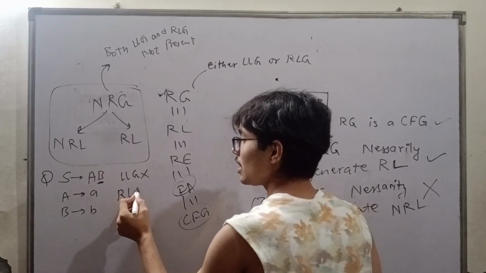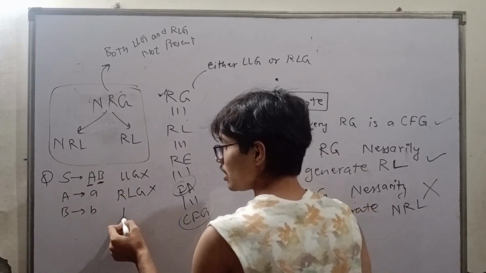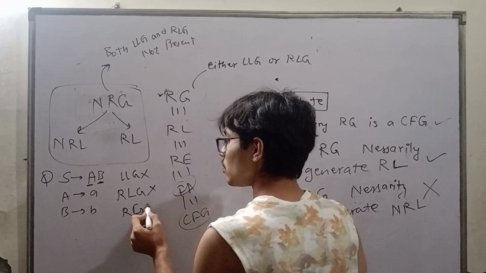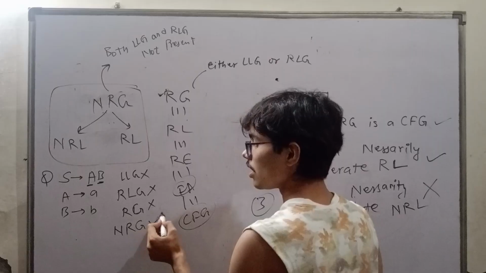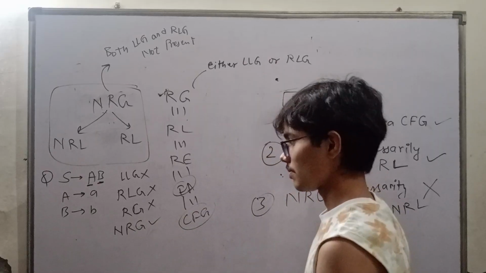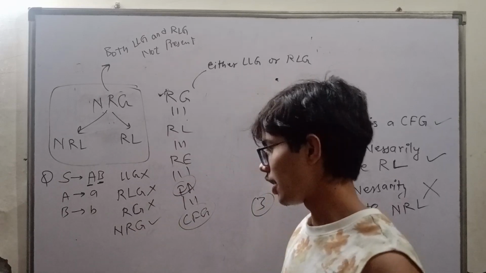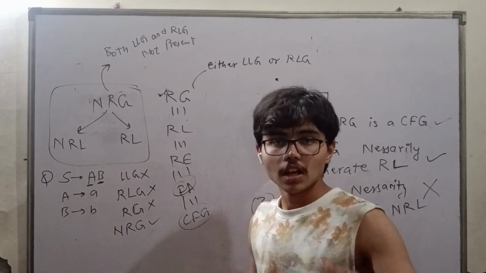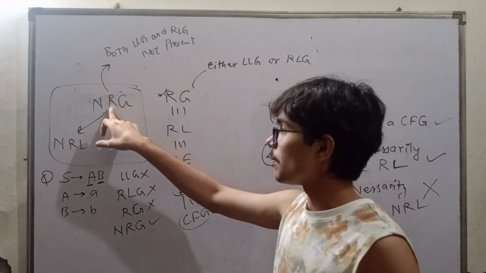This is also not a right linear grammar, as on the left hand side a variable is there. So this is not a regular grammar. That means this is a non-regular grammar. You understand that this is a non-regular grammar.